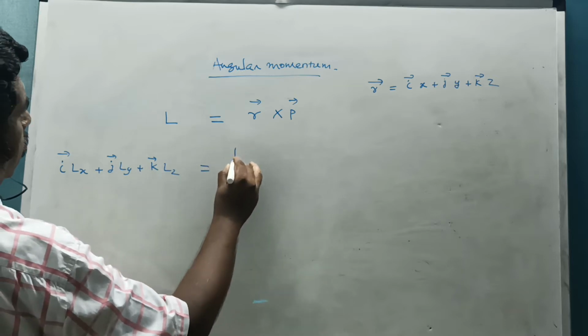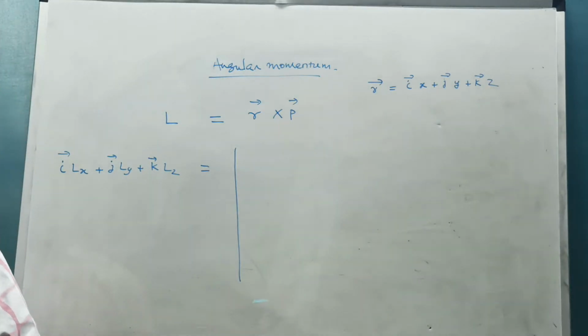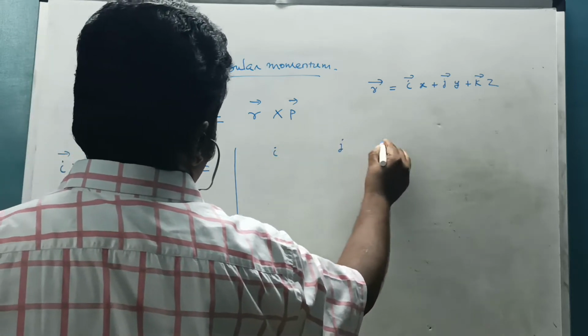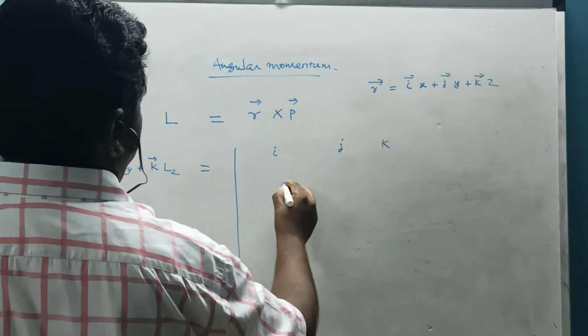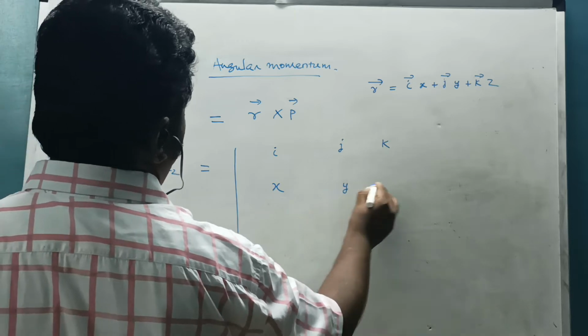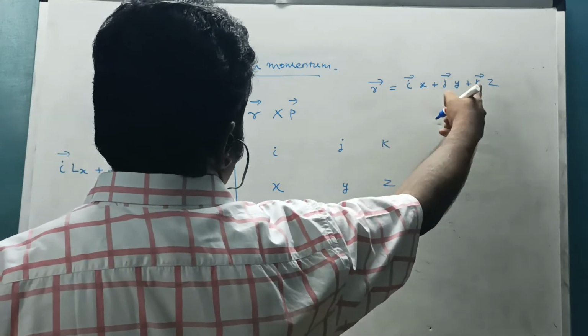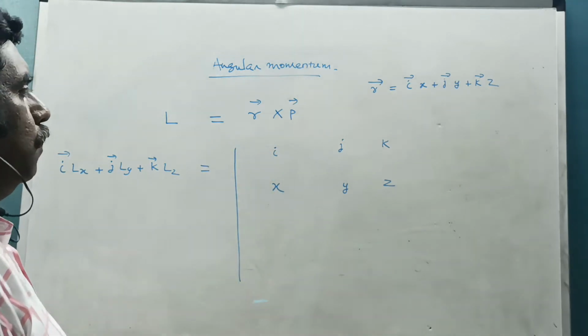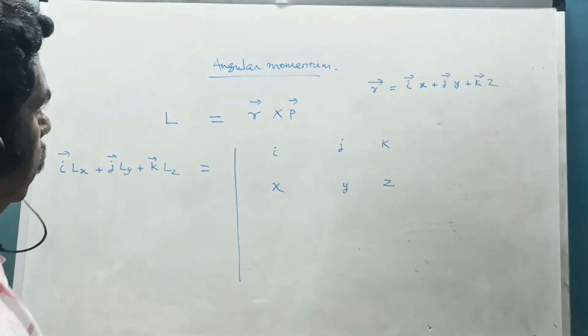If you want to calculate r cross p, then substitute the value of position vector. Here i, j, k. The value of the position vector is x, y, z. That means ix, jy, kz. Then we should substitute the value of momentum operator p.